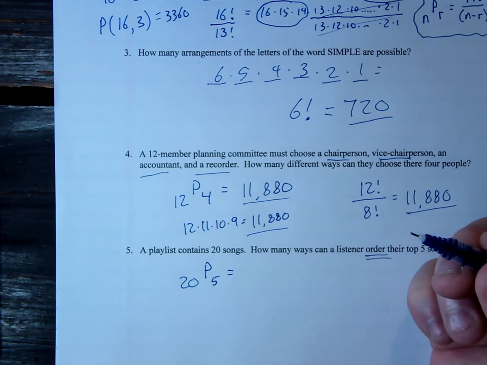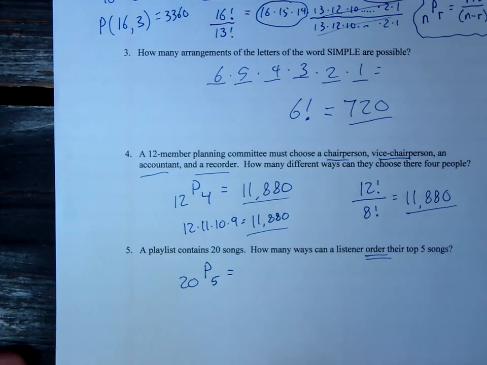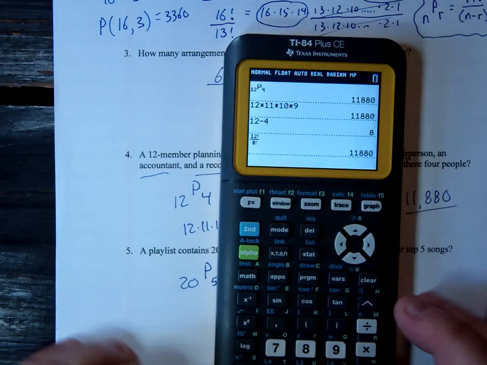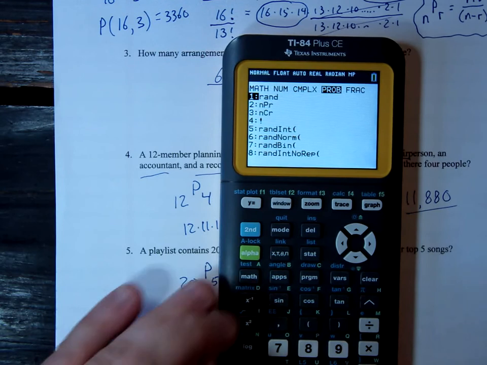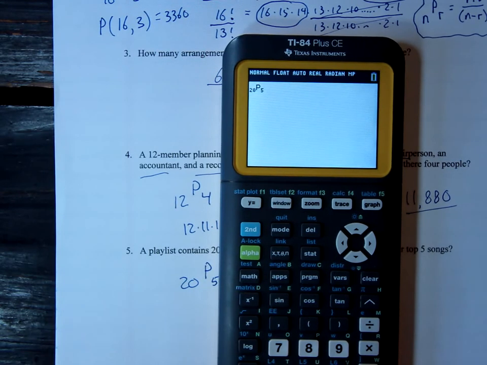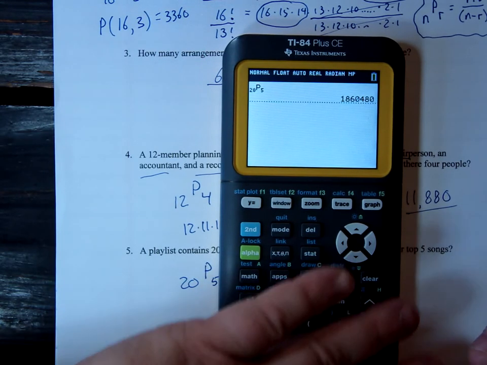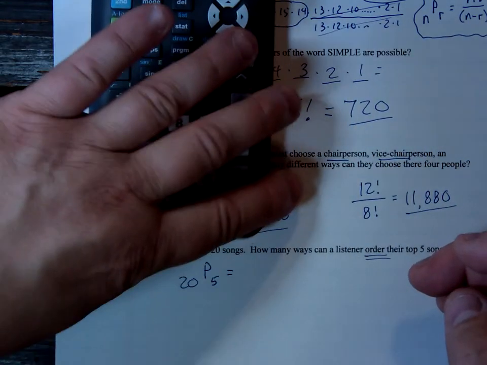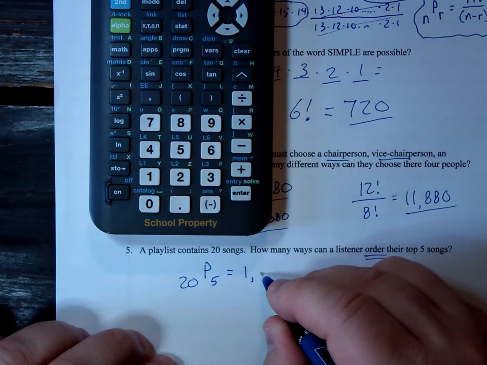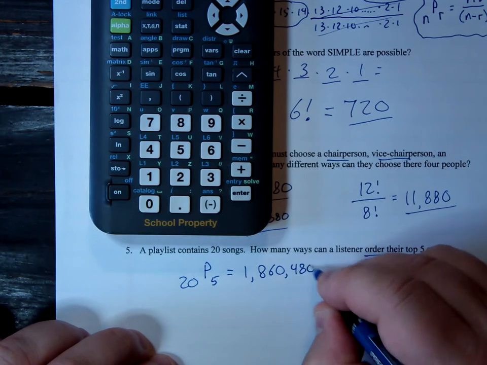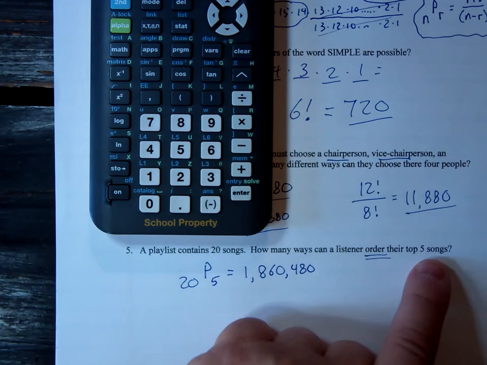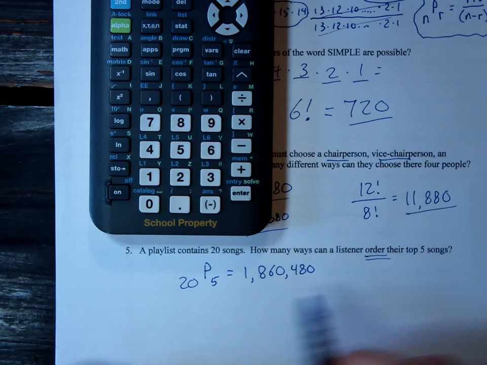So 20P5, I can go straight to the calculator. 20, math, over to probability, number 2. 1,860,480. Lots of music to choose from. Picking the top 5, a lot of different ways you could do that.